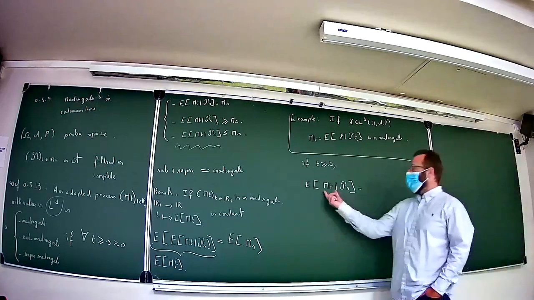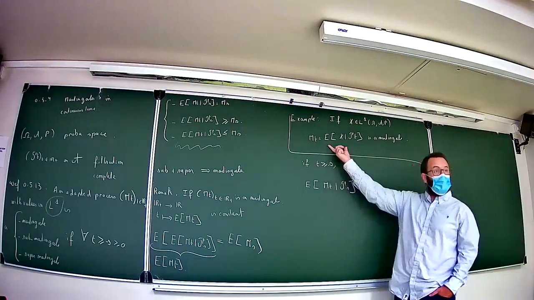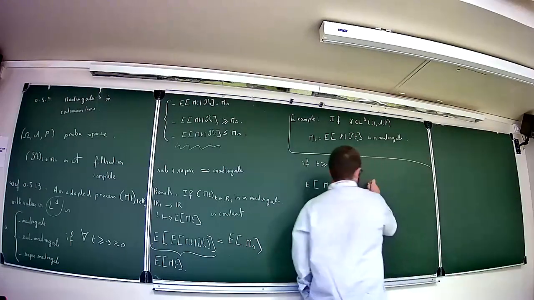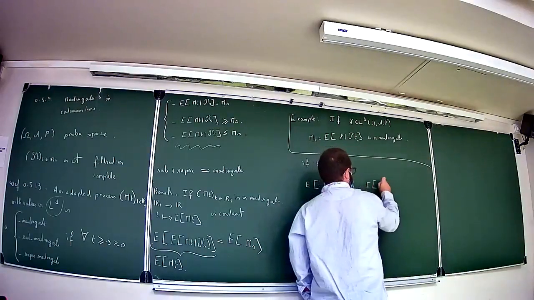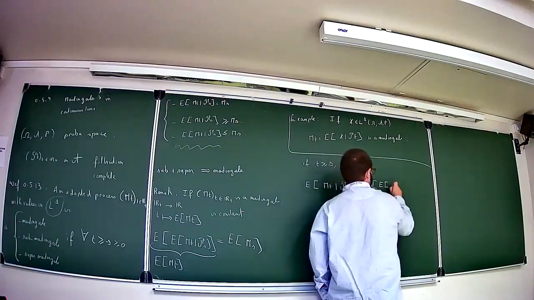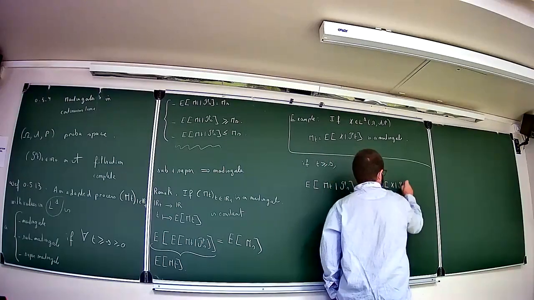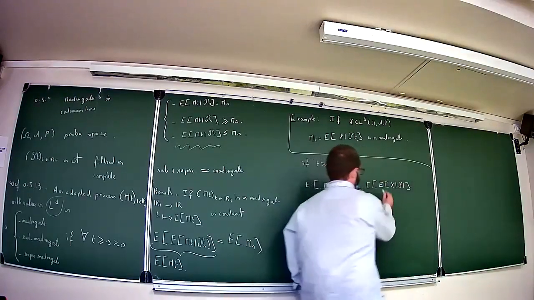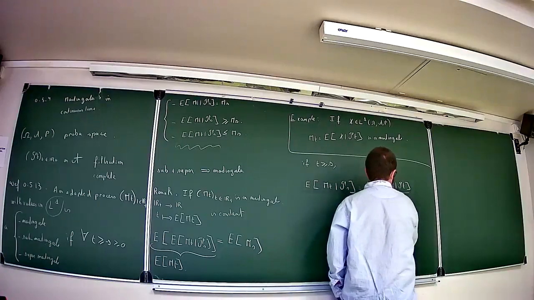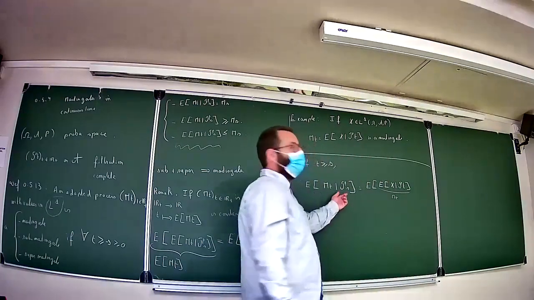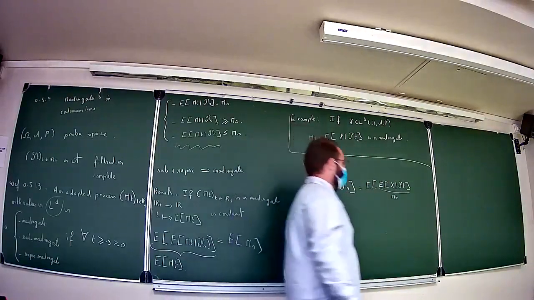So I replace, of course, Mt by its definition. Mt is equal to the conditional expectation of X given Ft. So this is Mt, by the definition of my example. And I have to do the conditional expectation of this one given Fs.